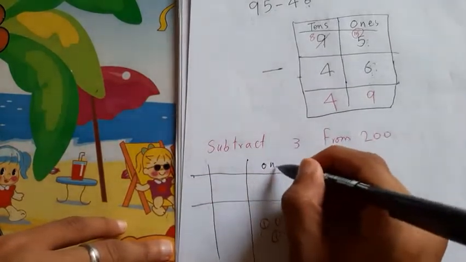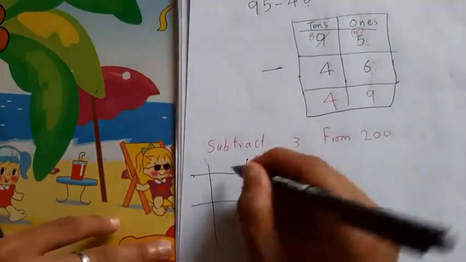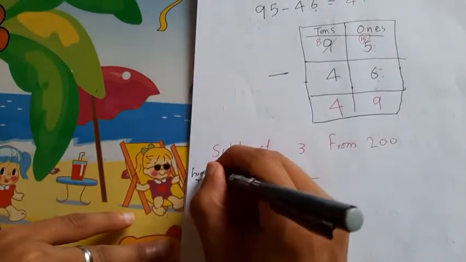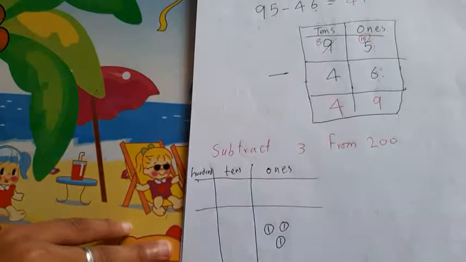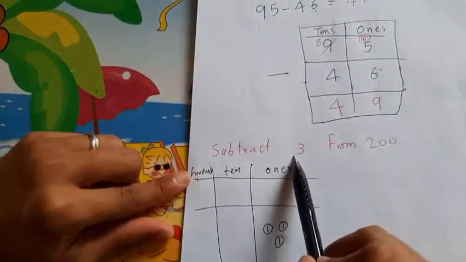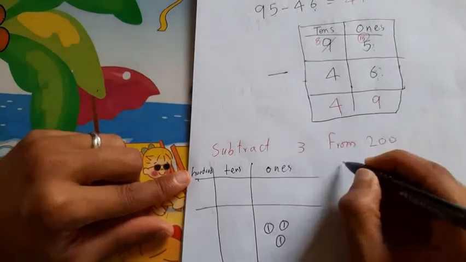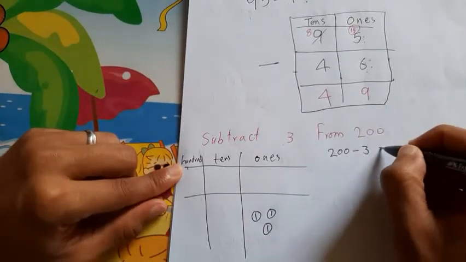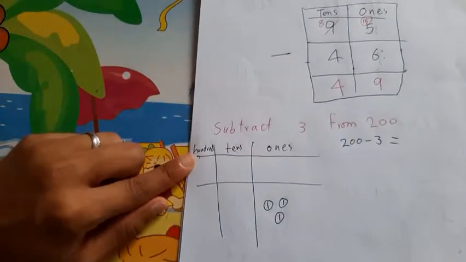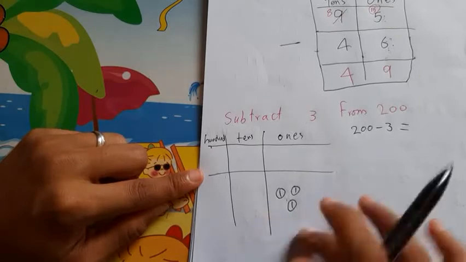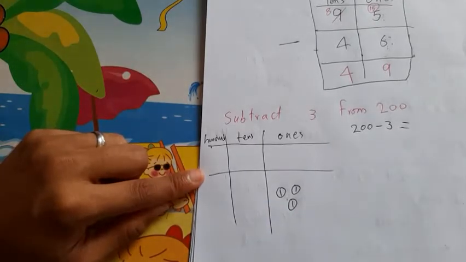Here is the ones, tens, and hundreds is here, right? Hundreds is here. Before that, let's do 200 minus 3. I'm going to use the shapes or the units to show you how to subtract.